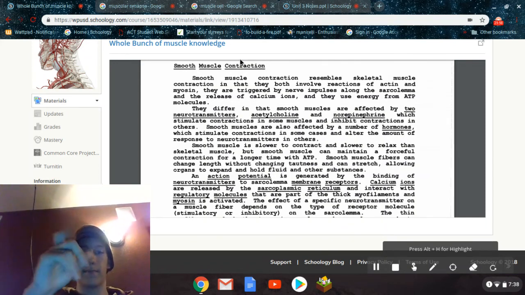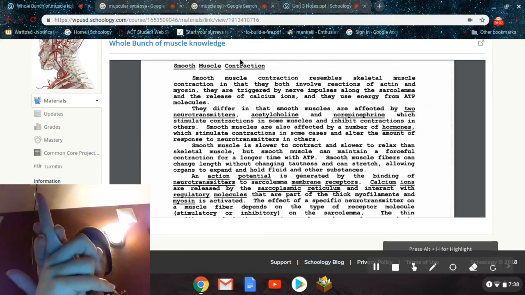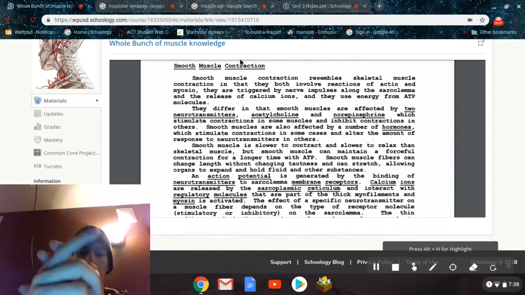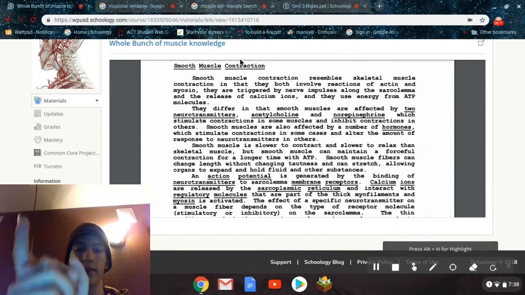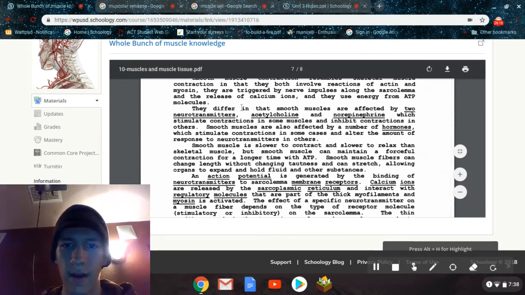Whereas skeletal muscle can go back and forth because it has opposed agonist and antagonist muscles, and the fixator and synergist muscles, which I told you about before.